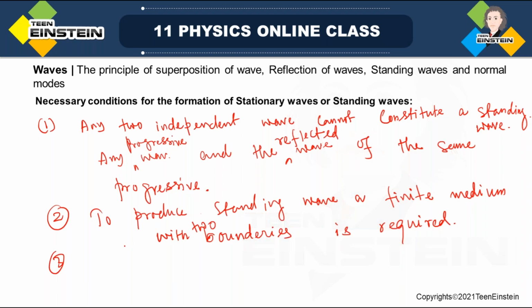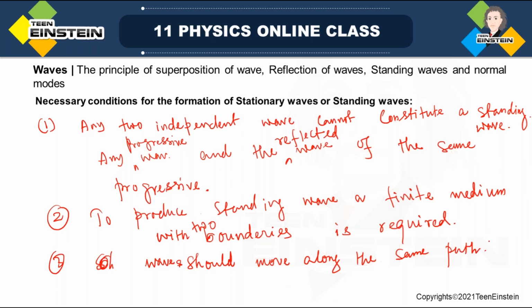Even the reflected wave, suppose the reflected wave is traveling this way and some other wave is traveling that way, they should overlap and move along the same path, but in the opposite direction.